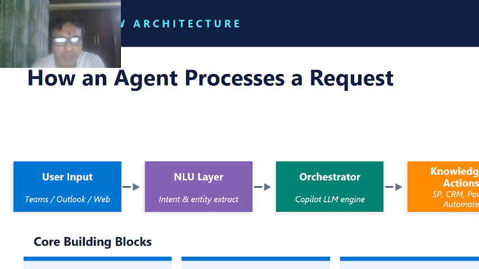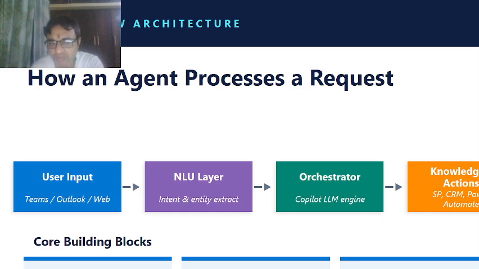Now behind the screen, how does the agent process a request? First, the user will give the input, whether in Teams, Outlook, web application, anything. Then it will go to the NLU layer. So intent and entity extraction: it will extract the information from Teams, Outlook, wherever you have connected the connectors to the source data.